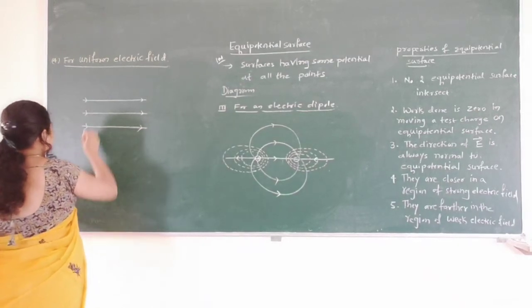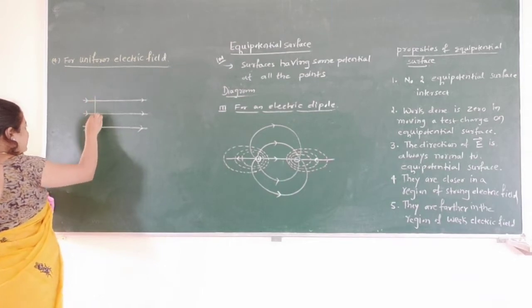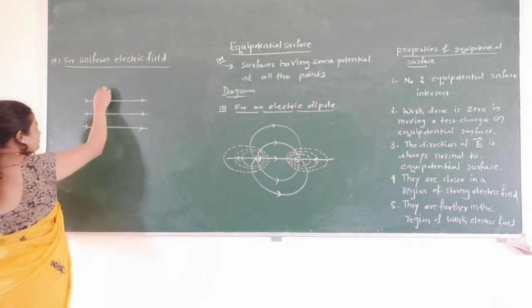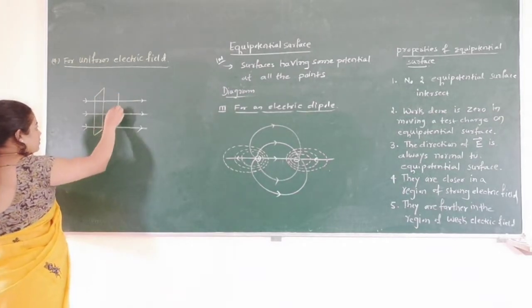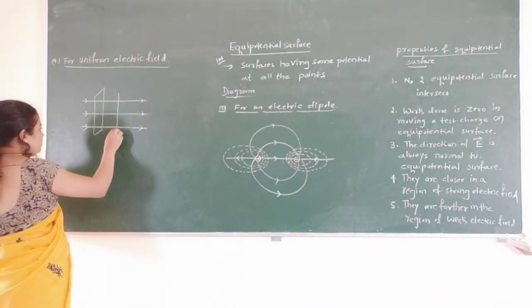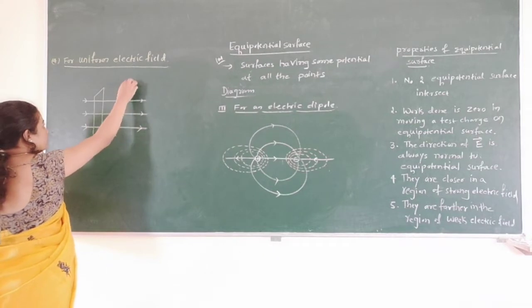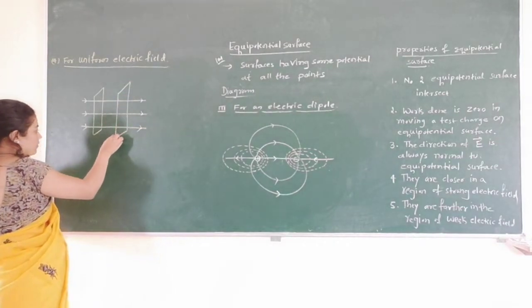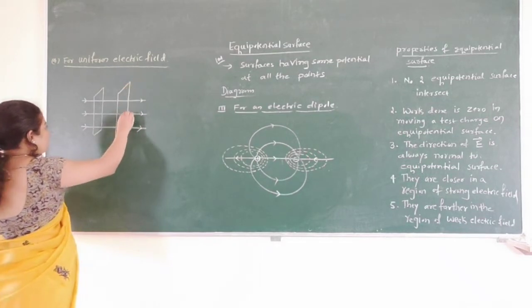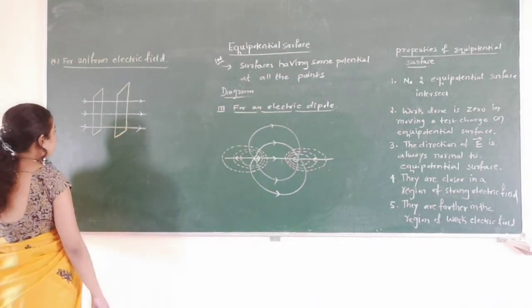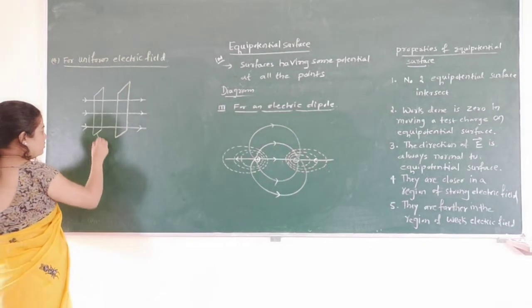So now equipotential surfaces are parallel plates, just like parallel plates. Equipotential surface.